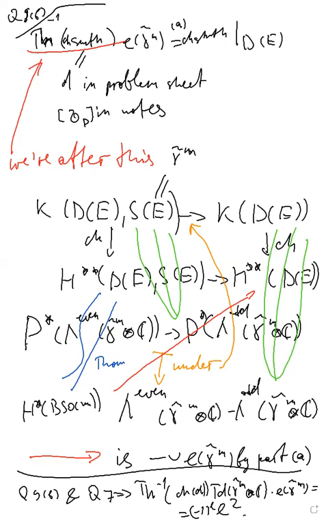Well, once again, the main trick is we have this dd which depends on the operator d. But what is it?